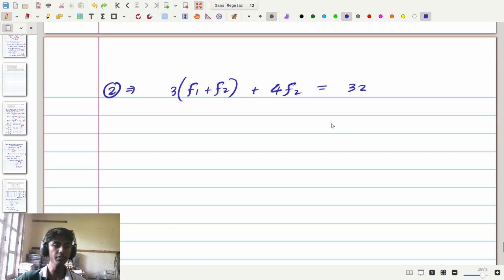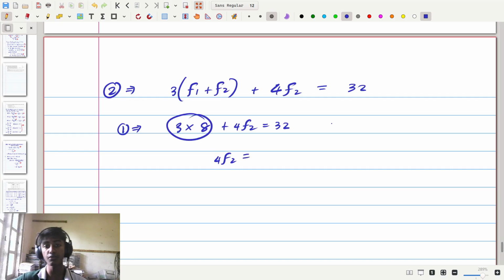So substituting that in, we get 3 times 8 plus 4f2 equals 32. Rearranging, 4f2 is equal to 32 minus 3 times 8, which is 24, so 32 minus 24 equals 8. Dividing both sides by 4, we get the value of f2 being equal to 2.